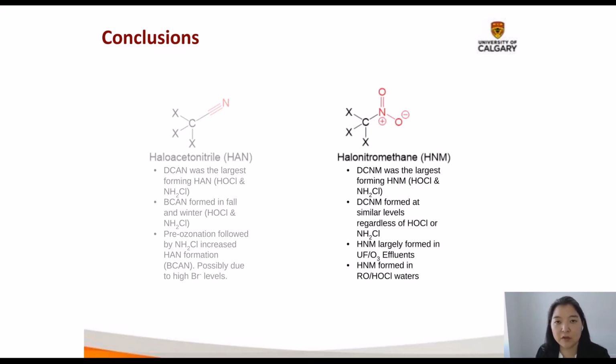Dichloronitromethane was the largest forming halonitromethane in both treated waters. Dichloronitromethane formed at similar levels, regardless of whether it was treated with chlorine or combined chlorine. Halonitromethane is largely formed in UF ozonated effluents, as well as RO chlorinated waters.